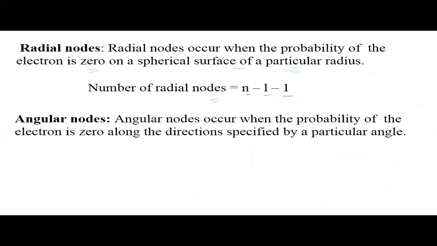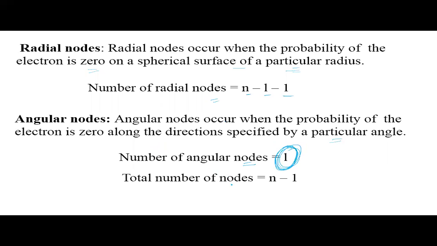Angular nodes occur when the probability of finding the electron is 0 along the direction specified by a particular angle. The number of angular nodes is equal to L, where L is the azimuthal quantum number. So the total number of nodes is equal to n minus 1.